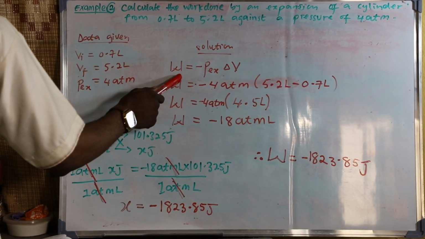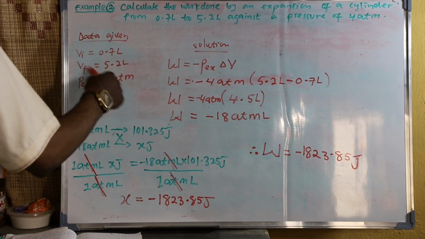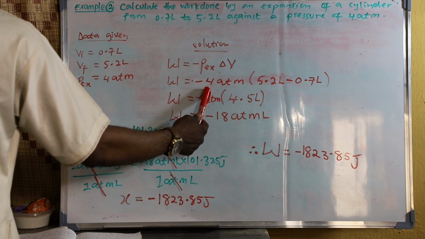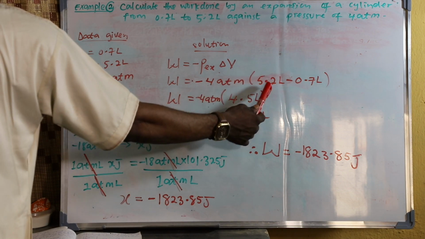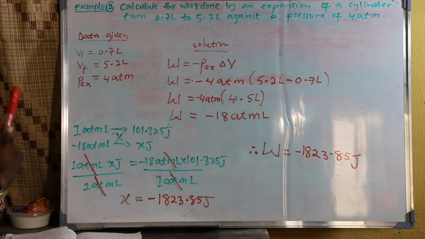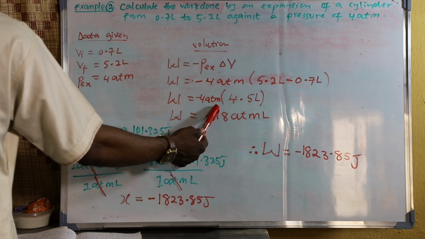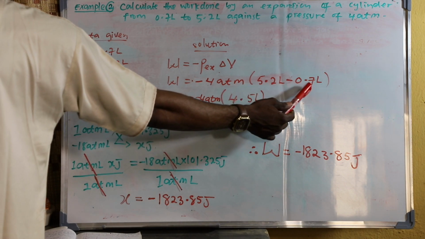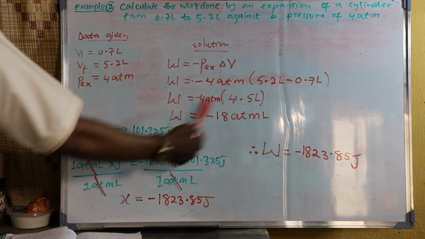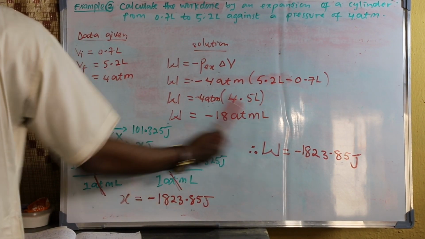So by using work is equal to minus P_ex dV and substituting these values, we have work is equal to minus 4 atm times 5.2 liter minus 0.7 liter, which gives 4.5 liter. By multiplying, work is equal to minus 18 atm liter.